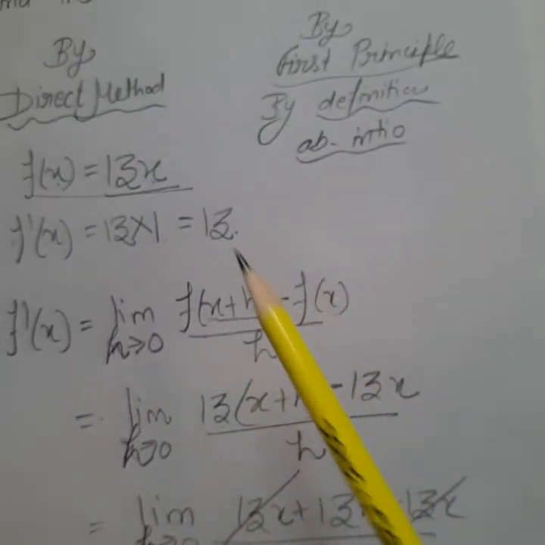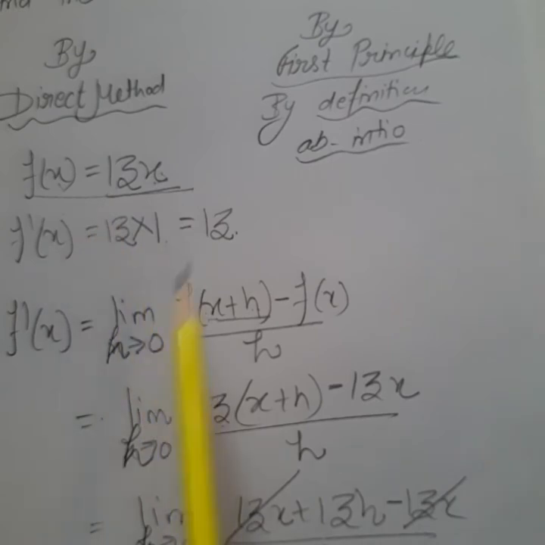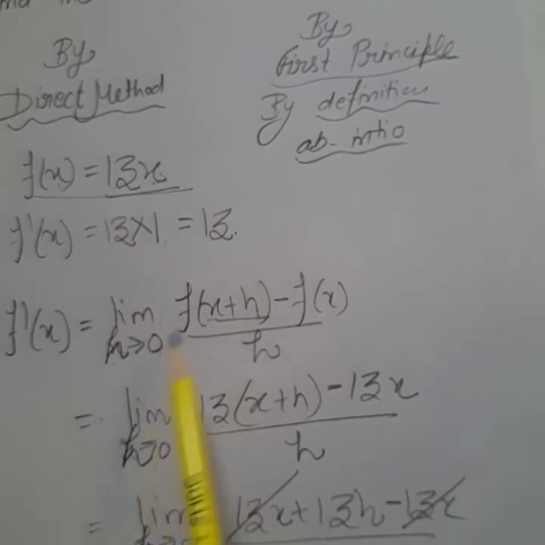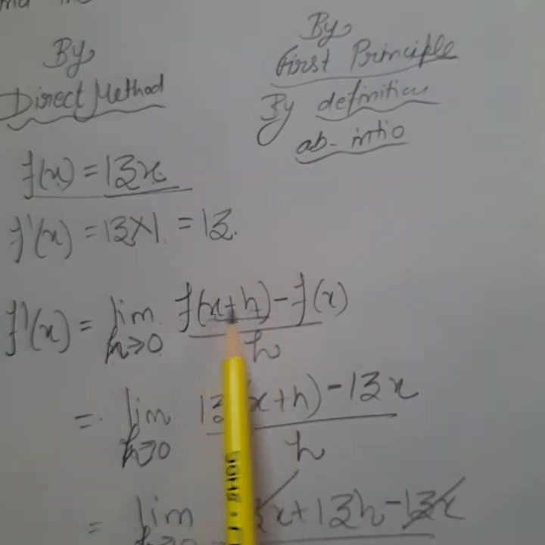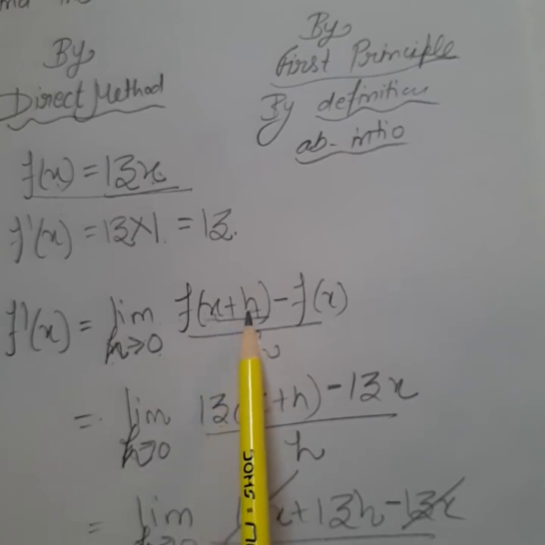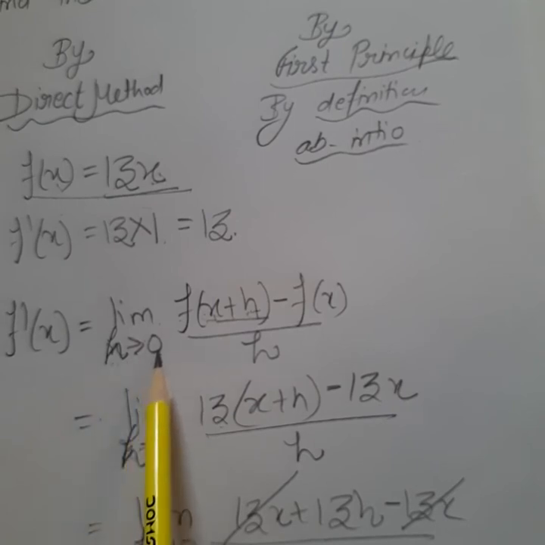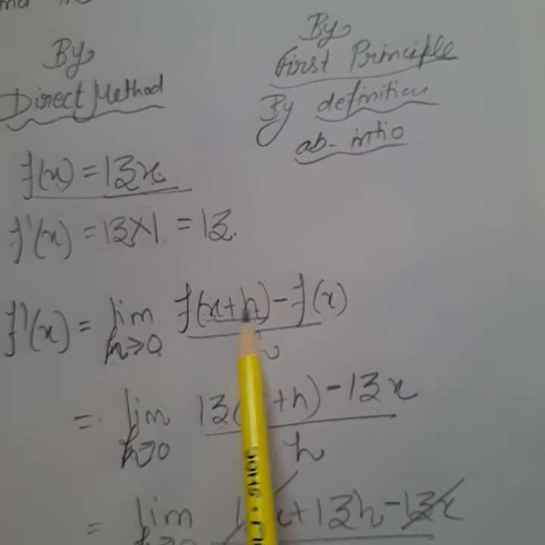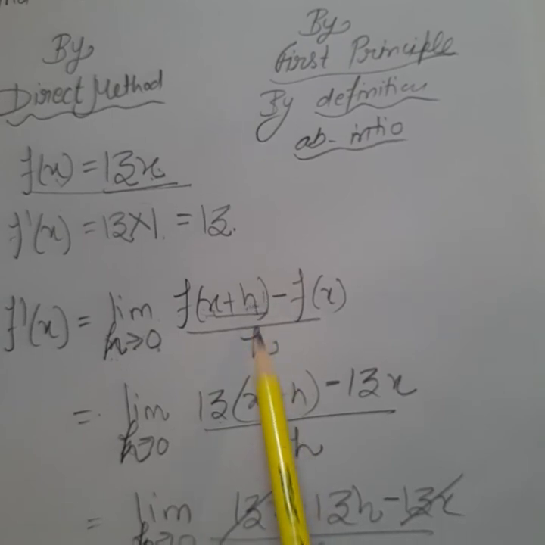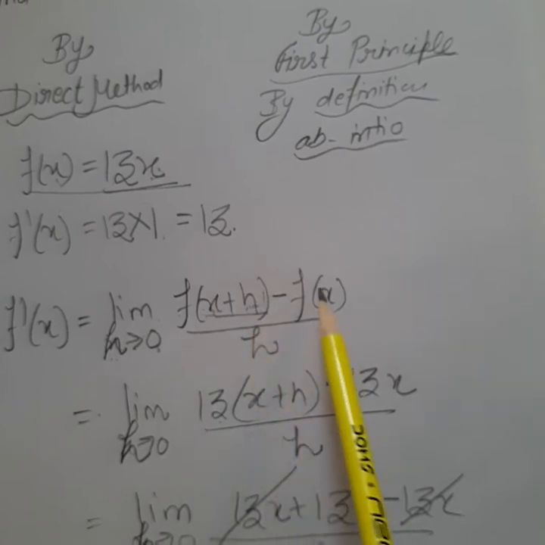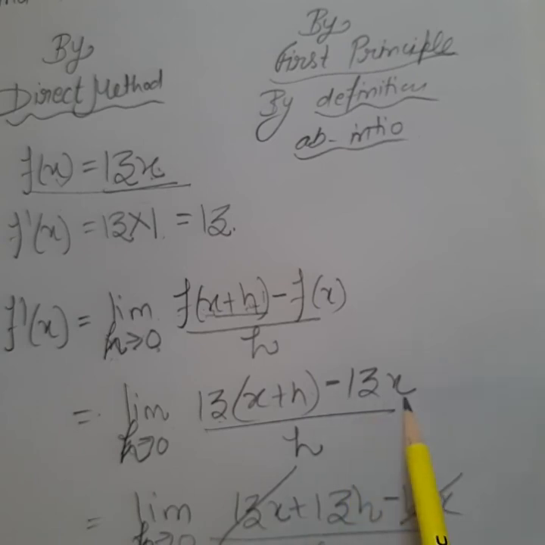So students, I repeat, first of all we write the formula limit h tends to 0, because now we increase the value of x by h. So we write f(x + h) - f(x) upon h. After that you put the value of f(x + h), that is 13(x + h), which means you increase the value of x by h in your question, and we write the value of f(x) as 13x.